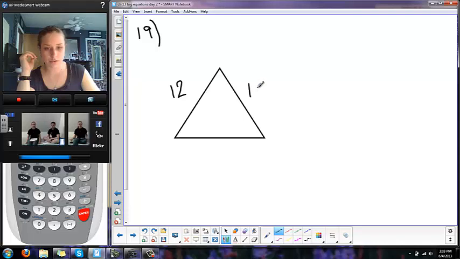So one of them's 12, one of them's 11. If the area of the triangle is 60 feet squared, that's the area, find the angle formed by the sides that are 12 and 11 feet long. So the angle that's in between them, and find that to the nearest degree.